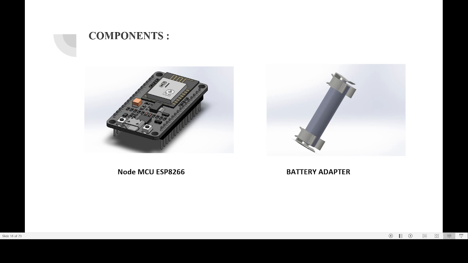In this case, we use the battery adapter to support the components of NodeMCU, because whenever we use the power supply, it needs support from an adapter. Then only the power supply charge would be considered for the analytical process.